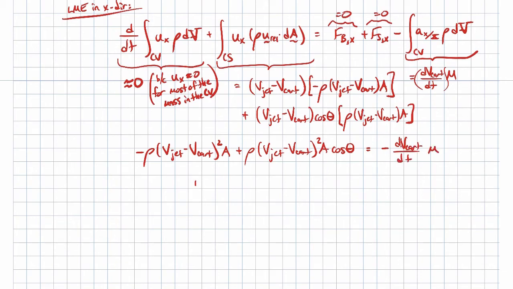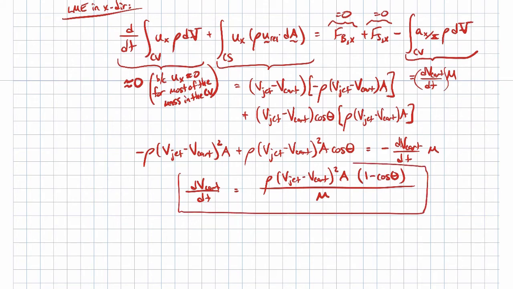And so the acceleration of the cart will be rho v jet minus v cart squared times the area times, let me just make sure I get this sign correct, 1 minus the cosine theta, all divided by the mass. So that would then be the acceleration of the cart.